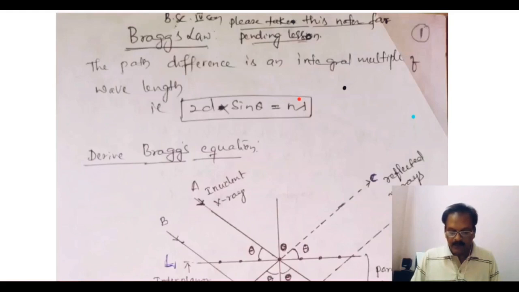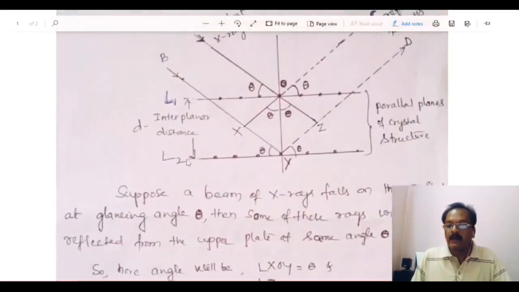Bragg's method for the study of the internal structure of the crystal is based on Bragg's equation, which may be derived as follows. Now, when you consider a crystal, it may be considered to be made up of a number of parallel equidistant atomic planes as represented by the lines L1, L2 and so on.